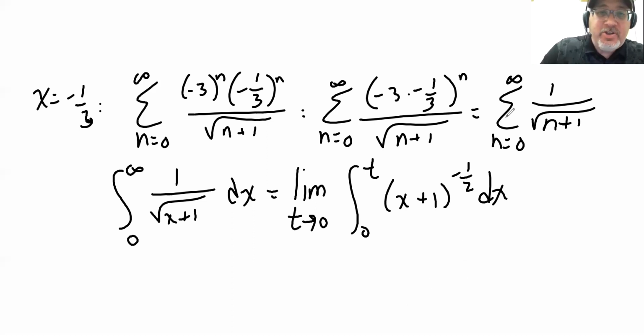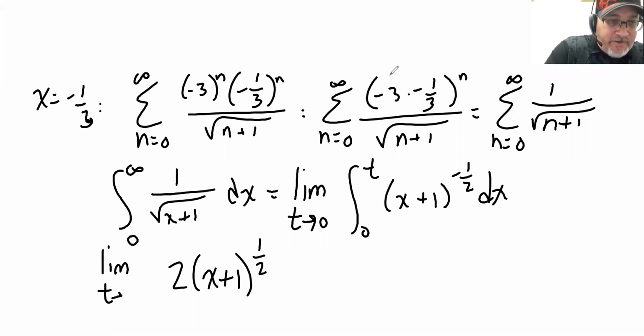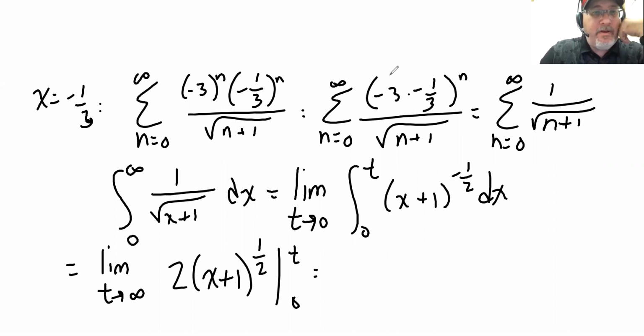So let's integrate this by adding 1 to the exponent. Negative 1/2 plus 1 is 1/2. Then multiplying by the reciprocal. Take the derivative real quick just to make sure. I didn't leave room in front for my limit, so let's fix that. Limit as t approaches infinity of this guy being evaluated from 0 to t. So this will give us the limit as t approaches infinity.